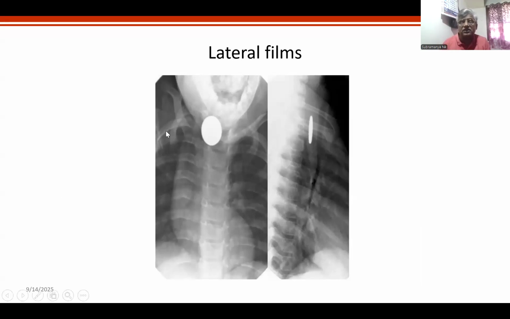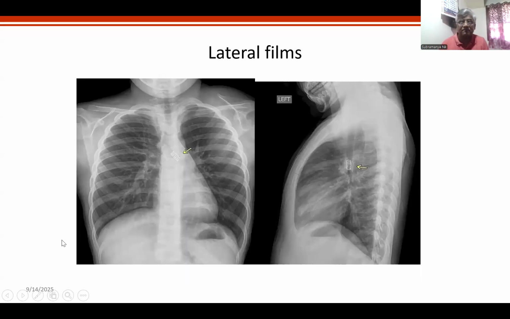Now, look at what is happening on a lateral film. This is the lateral film, where you will see a coin in the esophagus. Now you see this is the anteroposterior view of a foreign body, and in a lateral film you can identify whether it is intratracheal or in the esophagus.